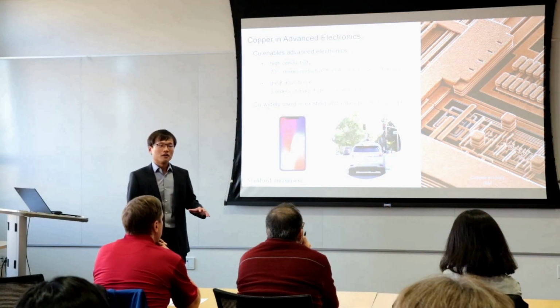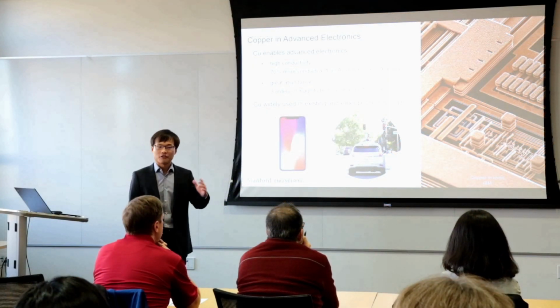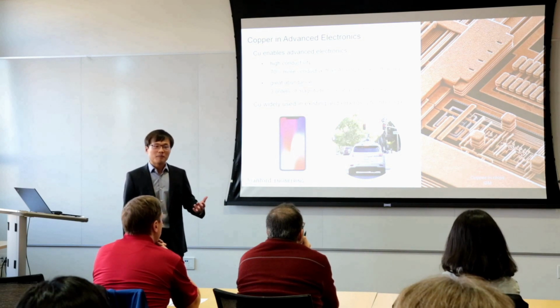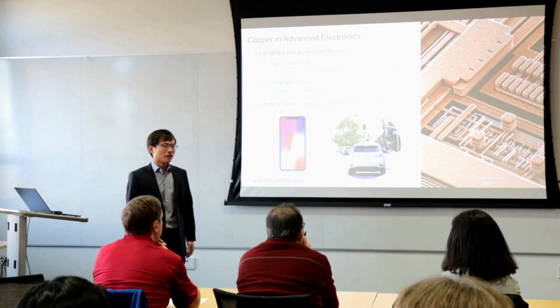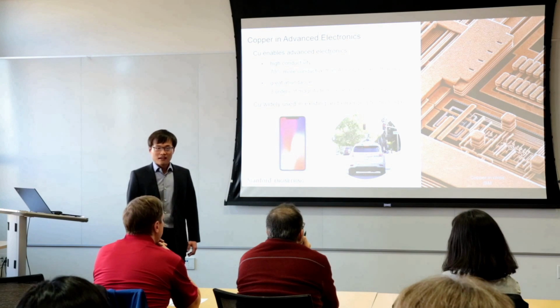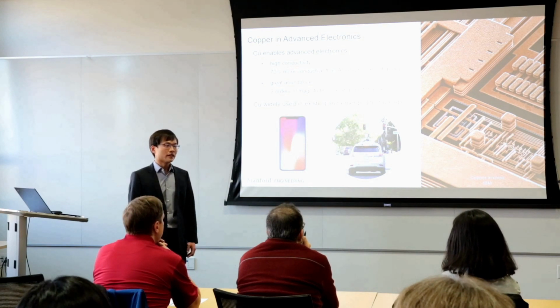You can find copper in microprocessors in any of your smartphones. You can find copper in the powerful electronic devices that are embedded in the self-driving cars that are now on the streets of Silicon Valley. Copper is really widely used in not only existing technology, but emerging technology.